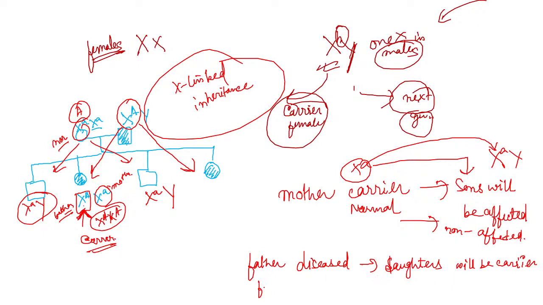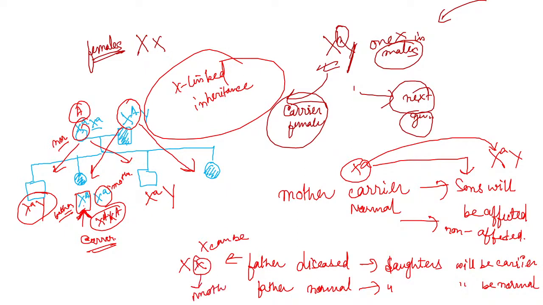If the father is normal, the daughters will be normal. But the daughters can never be diseased. If the father is diseased, the daughters can never be diseased. Why? Because the daughter is getting another X chromosome from whom? Another X chromosome from the mother.